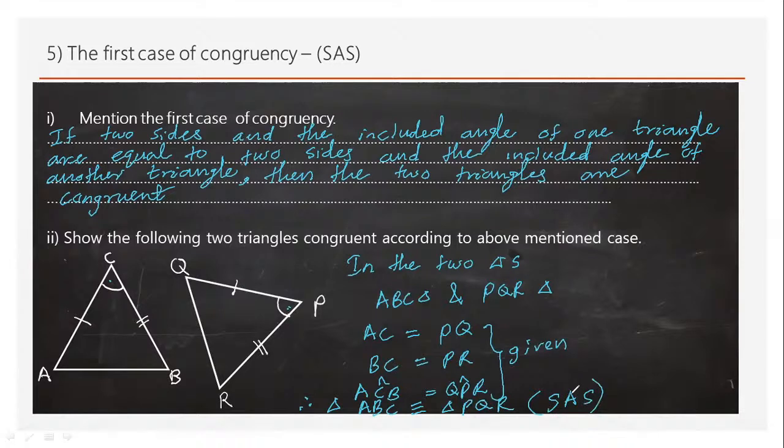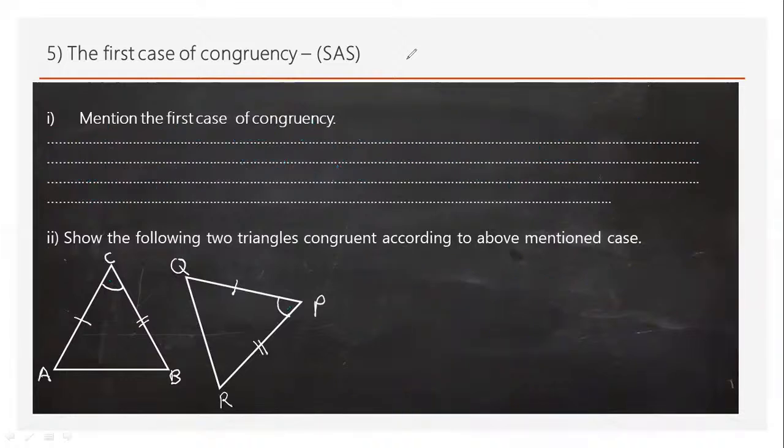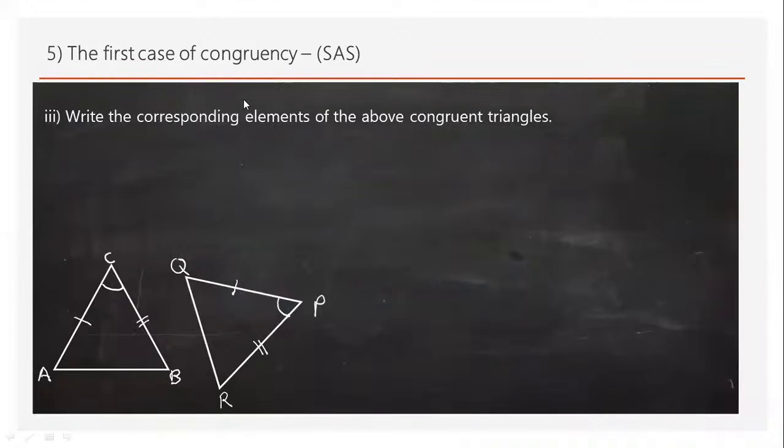Side, angle, side case. Triangle ABC is congruent to triangle PQR. Then what are the remaining corresponding elements? Remaining corresponding elements. That same question, I have included two pictures here.